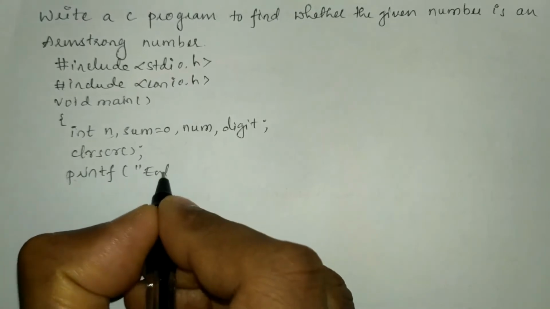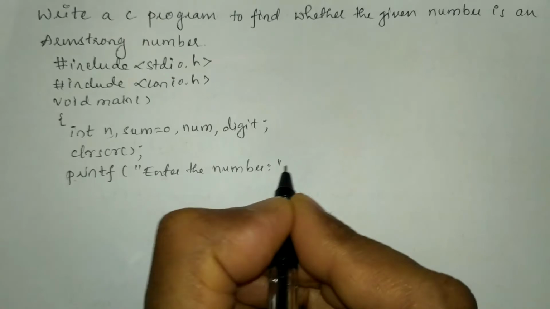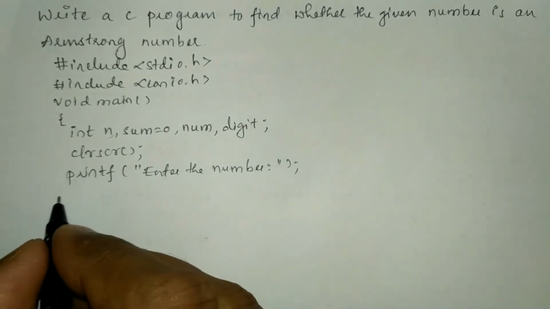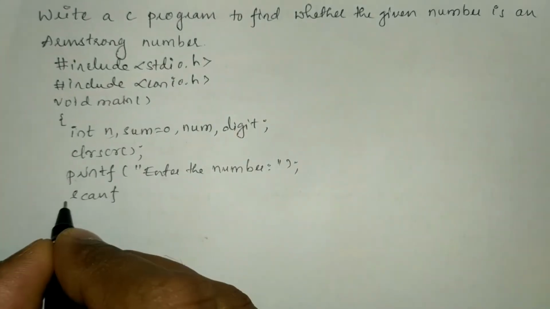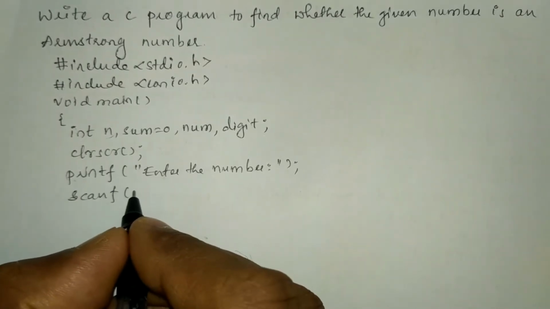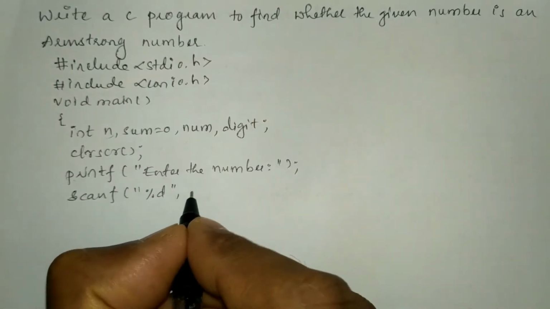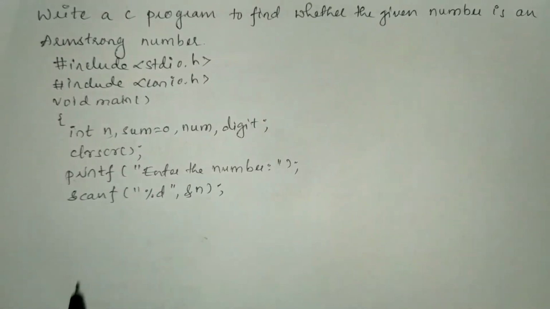In double quotation marks I'm going to write enter the number, end the double quotation mark and put semicolon, and we are going to receive the response from the user through keyboard using scanf statement. Here in double quotation marks I'm going to write %d format specifier, put comma ampersand of n and semicolon.